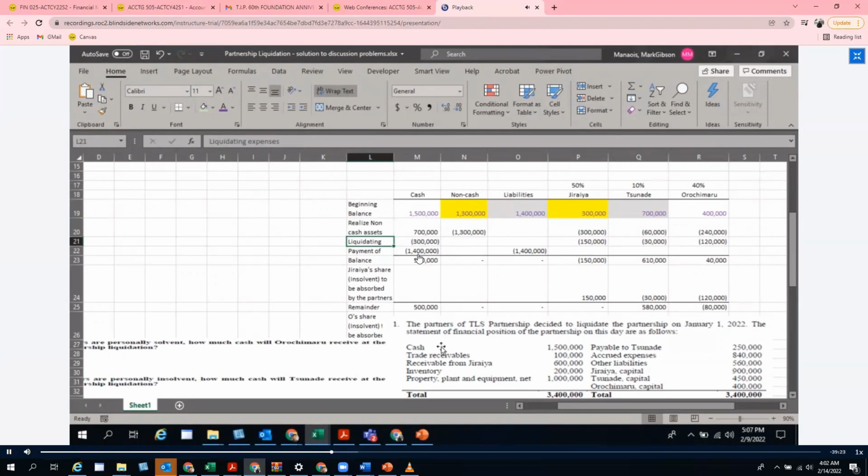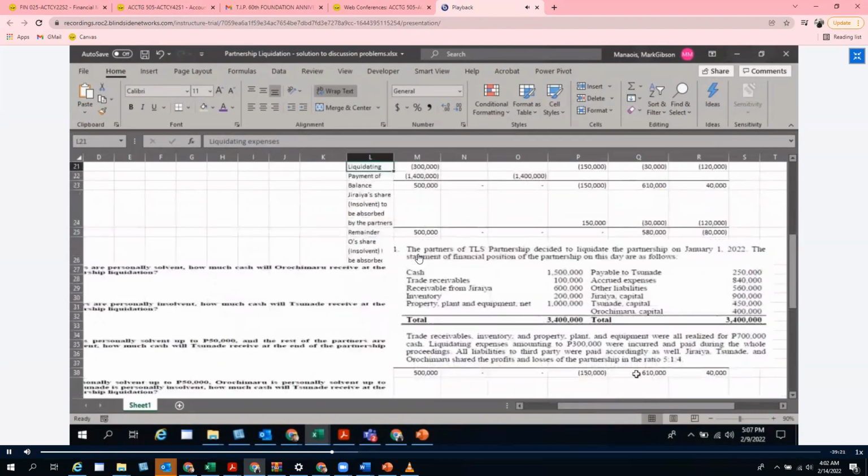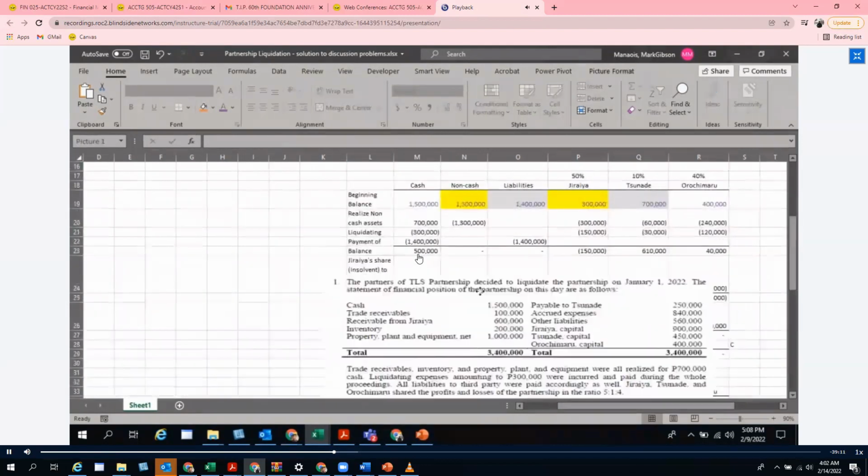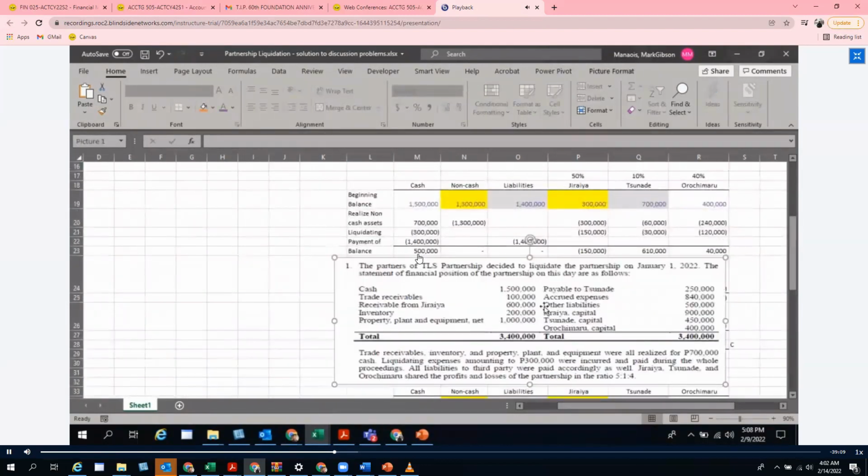Okay, so again, no, sa problem, the same details, no? So trade receivables, inventory, and property, plant, and equipment were all realized for 700,000. No? So ano ba yung mga scenarios where we can only recover few, no, from our total non-cash asset? Syempre nga, 'di ba? Binebenta mo na yung magsasara ka na eh, no?